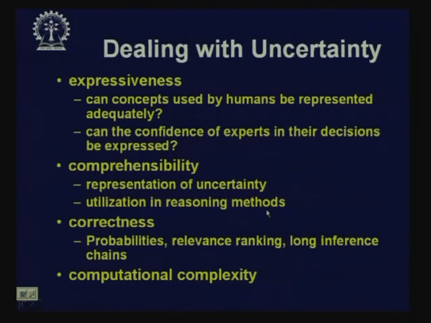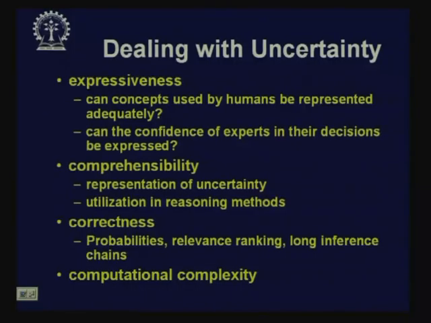If you recall, we will not call an organization of information knowledge unless it is usable to perform inferencing. The same is true here. We have to represent uncertainty in a way which can be reasoned with.